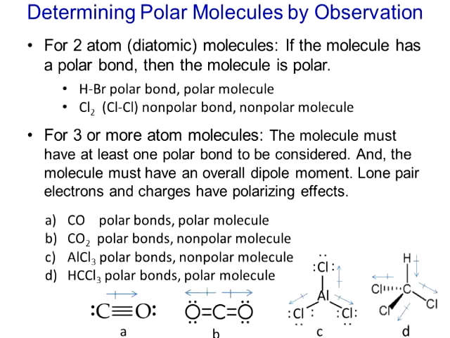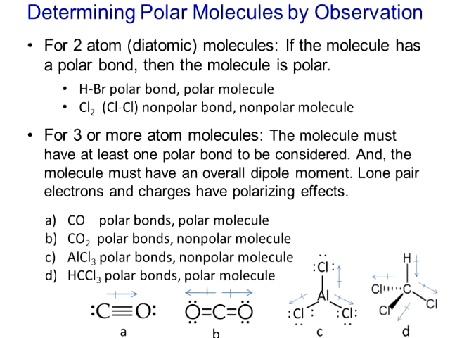For two atom diatomic molecules, if the molecule has a polar bond, then the molecule is polar. It is that straightforward. HBr is polar because it has polar bonds. Chlorine is nonpolar, as the bonds are nonpolar and the molecule is nonpolar, because the atoms are not different.